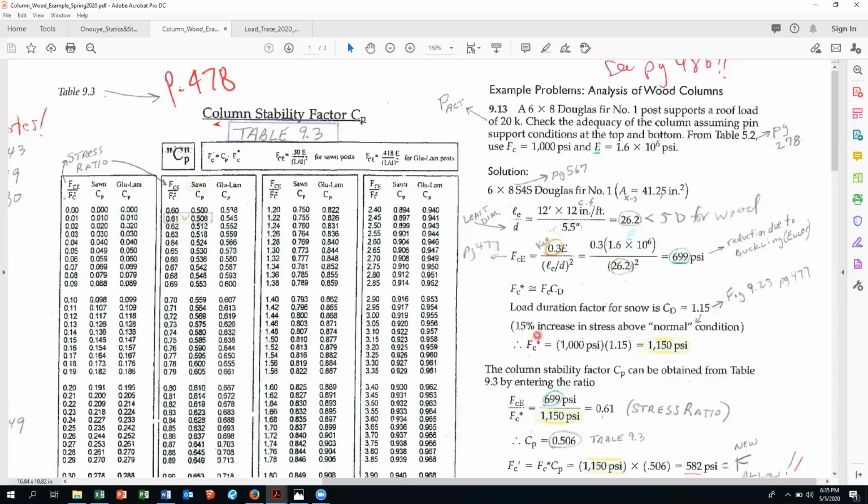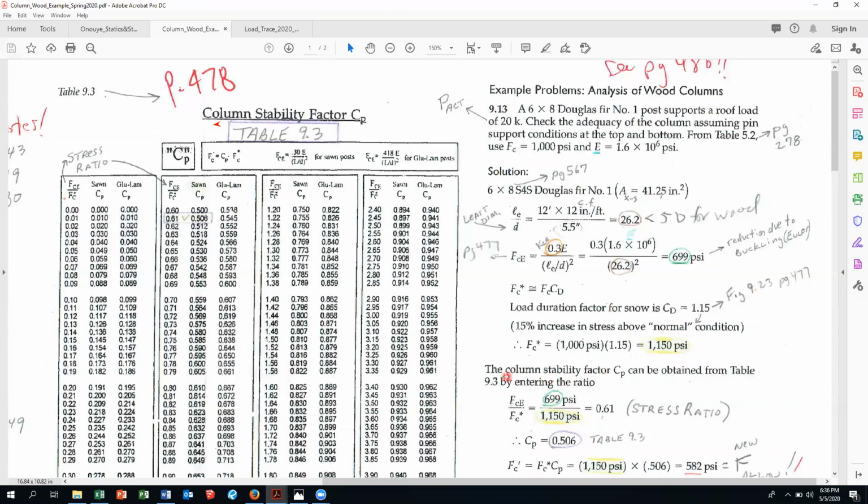I'm not going to test you on something like this, but you're going to see it again. So I want you to at least know that on page 477, it's the load duration factors. In other words, how long will the snow load be exerted on the structure? That's going to give us a stress of 1150 PSI based on a load duration factor for snow.